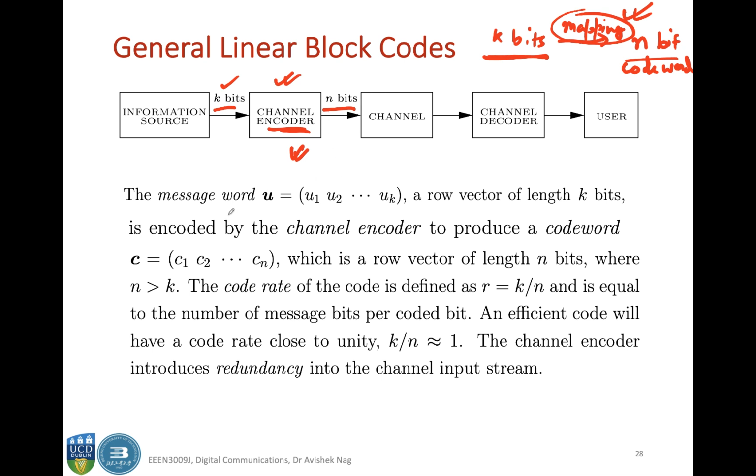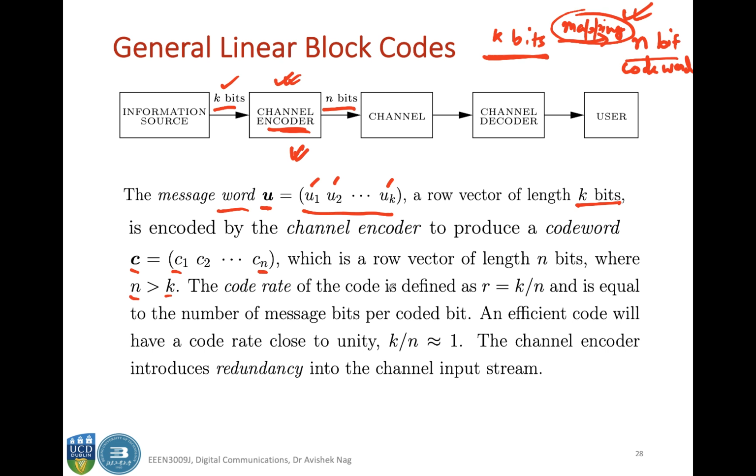So let's imagine that you have a message word u, defined by these individual bits of the message. You have k bit messages, 1 to k. This is a row vector of length k bits, and it is encoded by the channel encoder to produce a code word C which has n bits, C1, C2 up to Cn, again a row vector of length n, and usually n is greater than k.